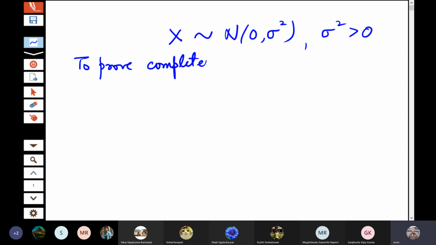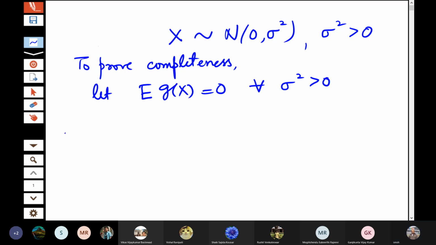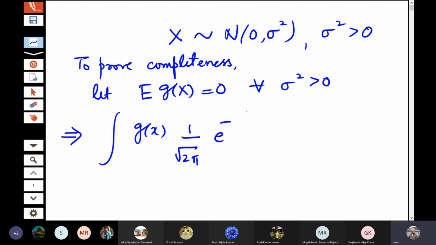Okay, so let me start. Let us consider, say, expectation of g(x) is equal to 0 for all sigma square. This distribution is 1 by root 2 pi e to the power minus x square by 2 sigma square, from minus infinity to infinity, dx.